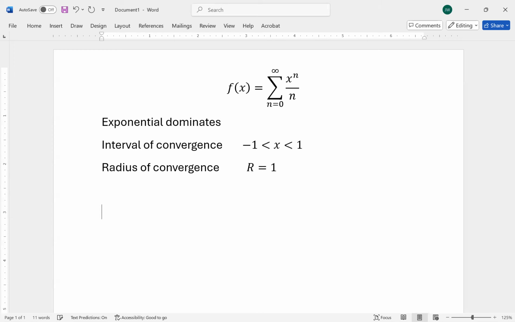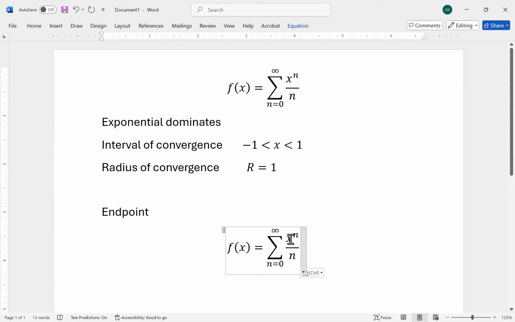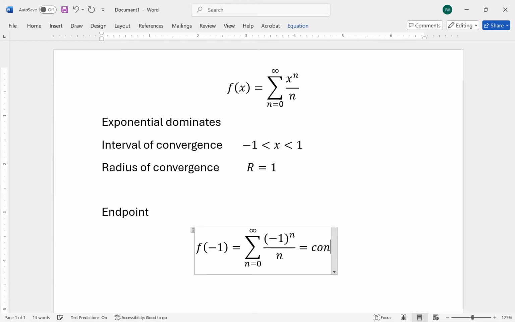Now let's find what happens at the first endpoint. If I plug in a -1, that's an alternating series and that converges. By the way, plugging in a -1 could also be written like this: f of -1 is equal to this. So that converges.